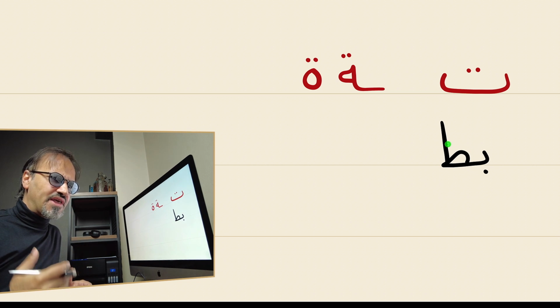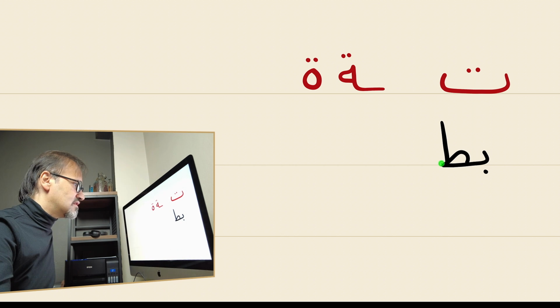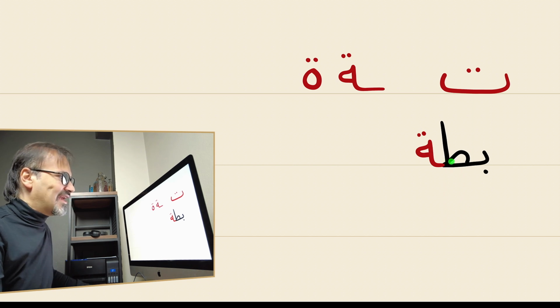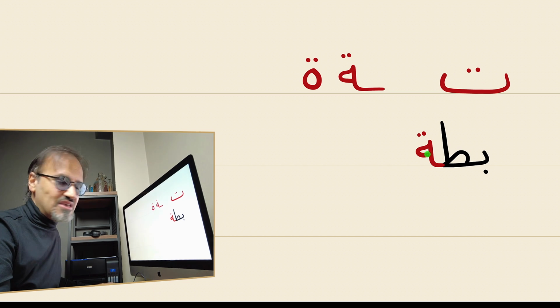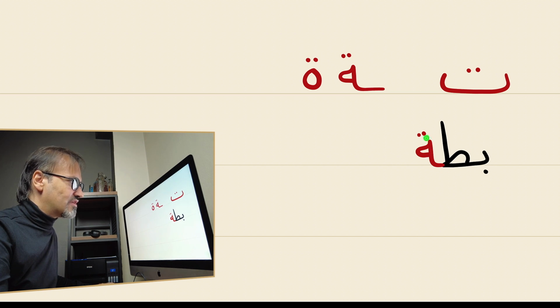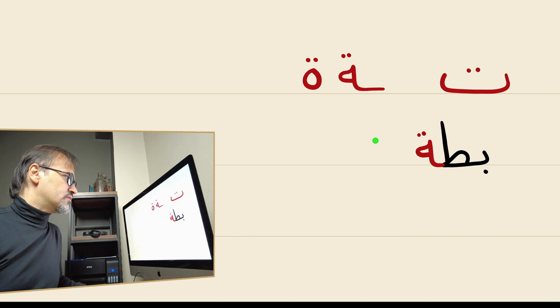Okay, how do I write that sound at the end? Well, it's none other than this. Just add this to the end of it. So it's bat. Okay, although this is technically a t, you don't say bat. It's just bat. Okay, and that's all you need to know.